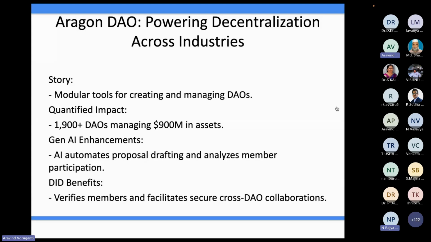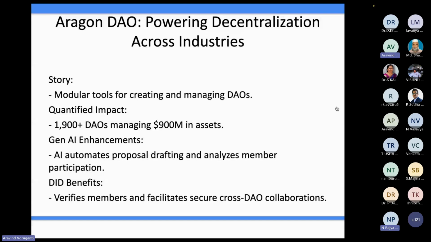An AI agent can recommend and analyze how active the DAO is and how it has performed. And coming to the decentralized identity aspect, it can verify the members. So whichever DAO has a very good KYC, the DID based membership will automatically be trusted, right? That will also help more and more DAOs to collaborate with each other.